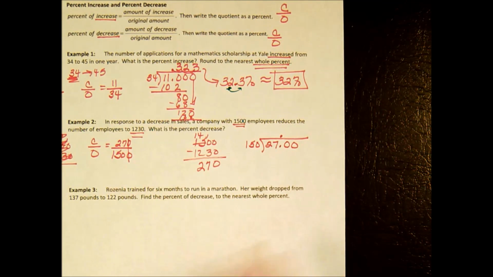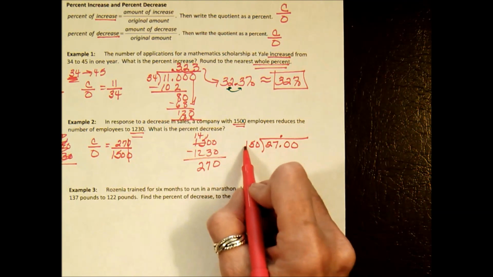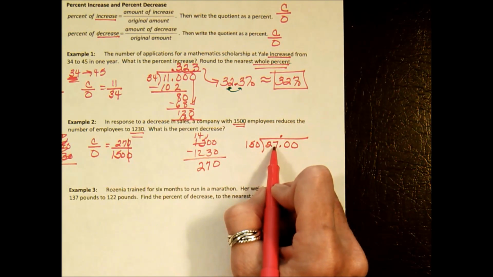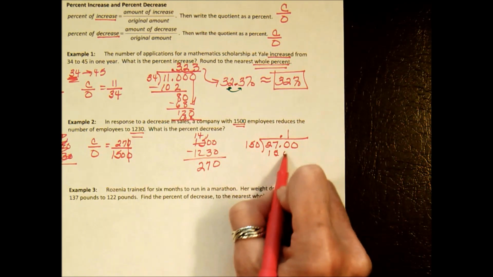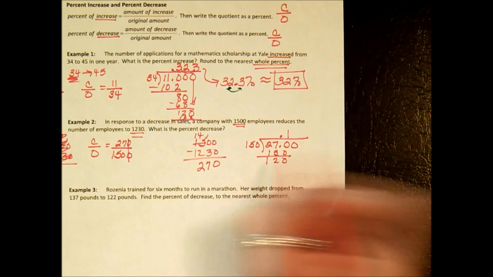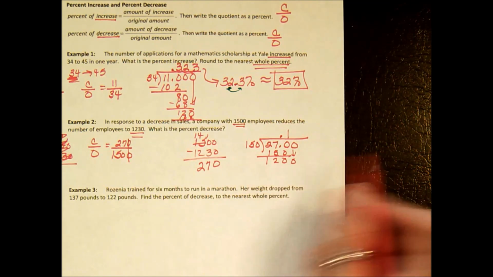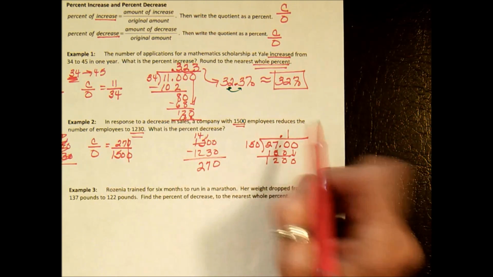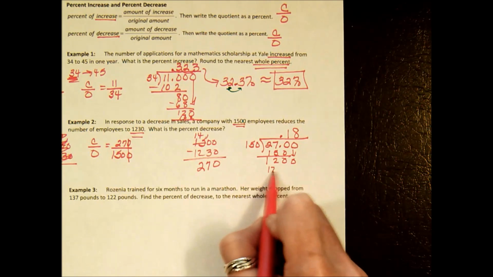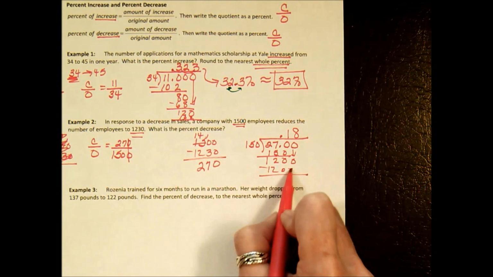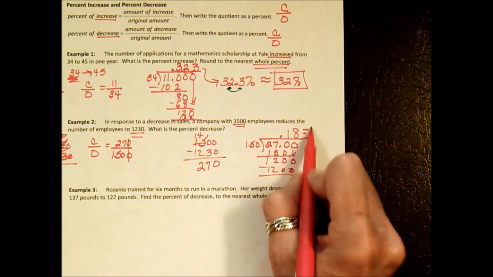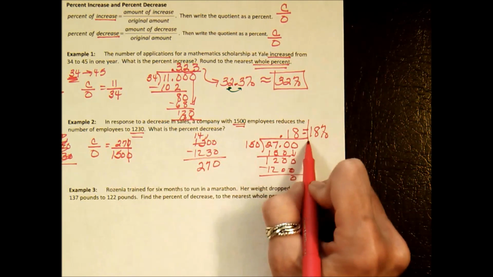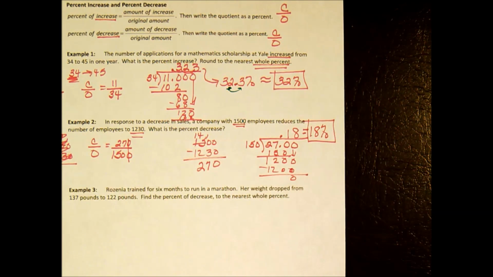We'll round this one off too if it doesn't come out evenly. 150 will not go into 27, but it does go into 270 one time. 150, bring down your 0, and it happens to go in here evenly. It goes 8 times. Evenly. Now remember, this is a decimal. I change it to a percent, and I get my percent decrease.